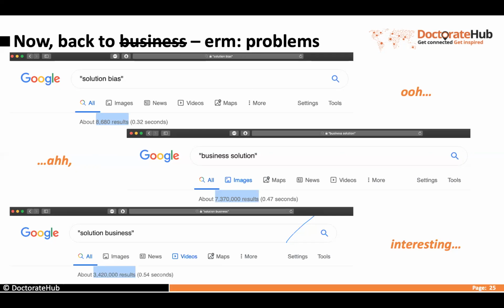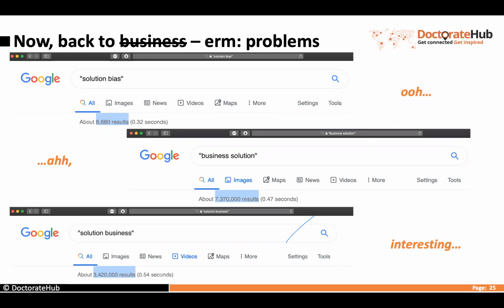And there were, on a global base, 8,680 results. Now, if I wouldn't be very sure what I'm talking about, I might think I was asking Google the wrong thing. Compare that to Business Solution, which produces a shiny 7 million something results. Now, you need to be really sure that something like a solution bias exists to act over 8,600 results.